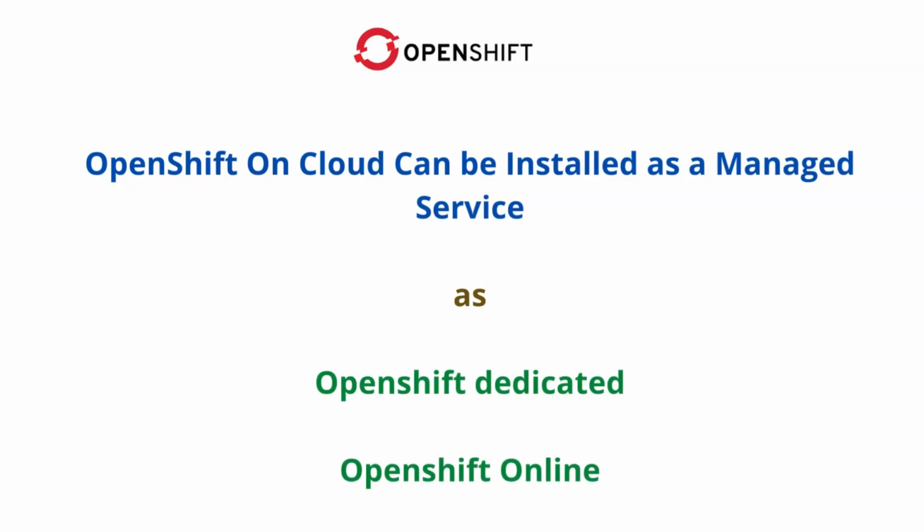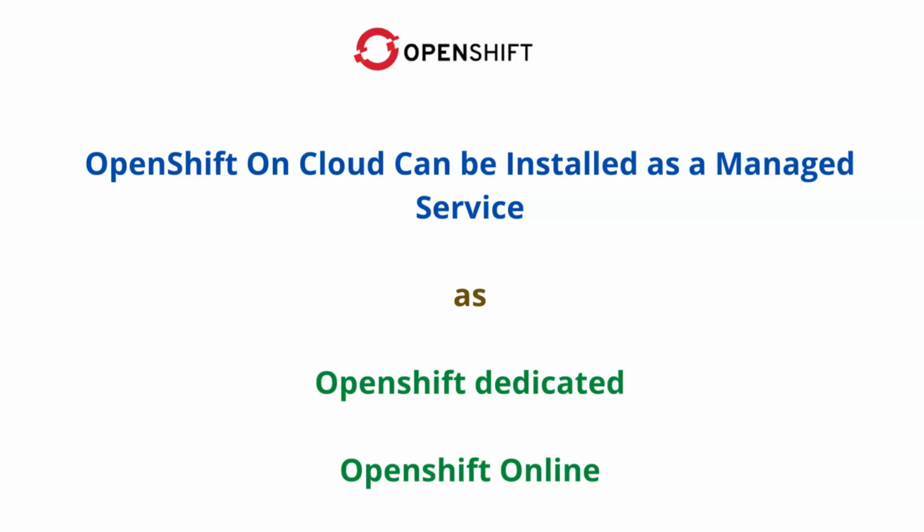OpenShift can also be installed on the cloud as OpenShift Dedicated, for example, on AWS and GCP, where OpenShift will be managed by Red Hat, and as OpenShift Online. OpenShift Online is the Red Hat public cloud application development and hosting platform.